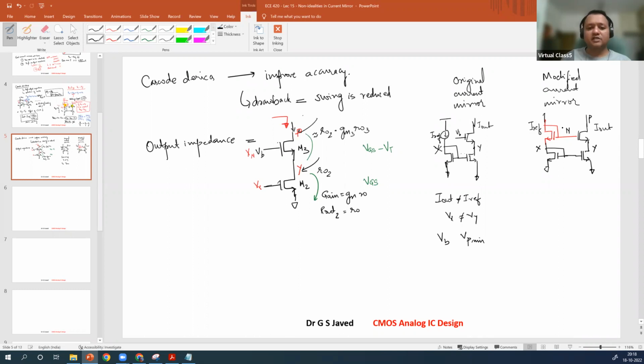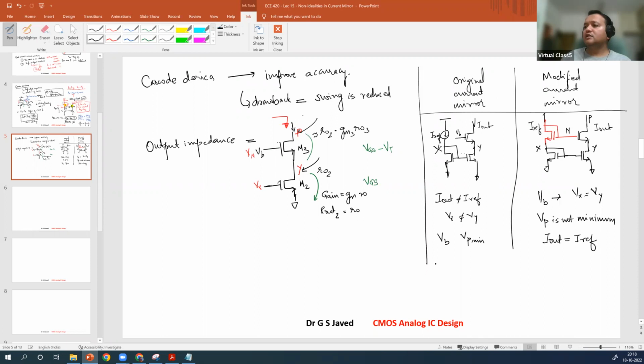Due to addition of this device, VB is chosen such that Vx equal to Vy. Because Vx equal to Vy, VP is not minimum. And since VP is not minimum, you will get your Iout equal to IREF. So this is going to be the summary.